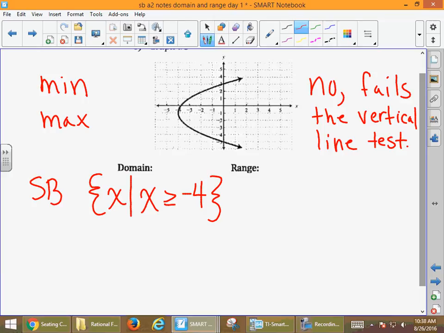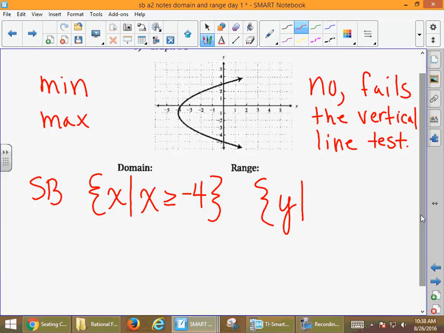Now on our y value, for all values of y such that, what's our lowest y value? Well, we can't figure it out. We've got arrows. Our graph is going to keep extending out.